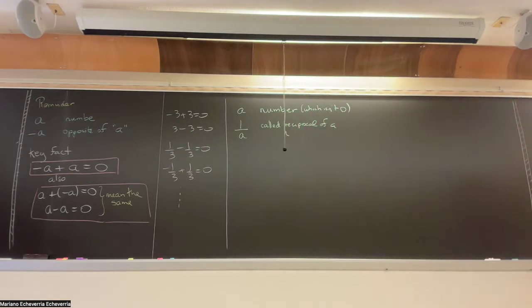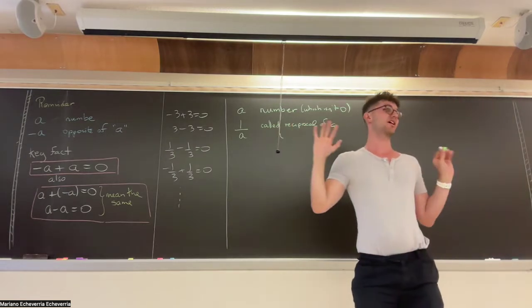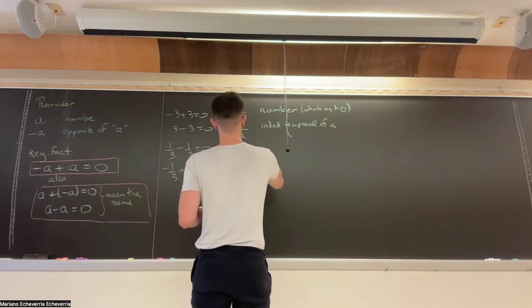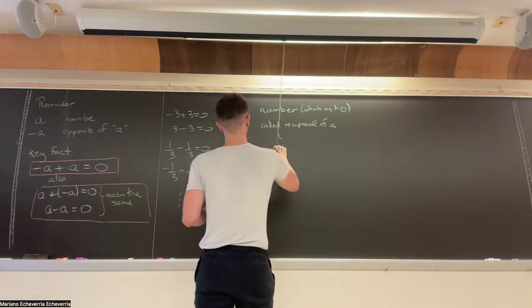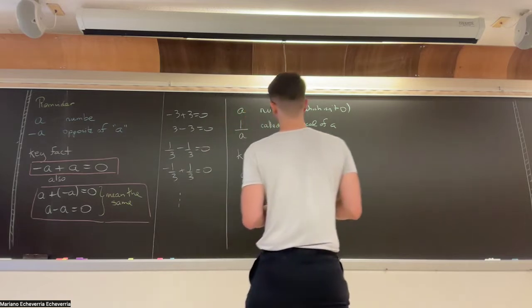Okay, so the key fact about A and its reciprocal is that when you multiply them, you get 1. That's how they work together. So the key fact is that A times its reciprocal gives you 1.